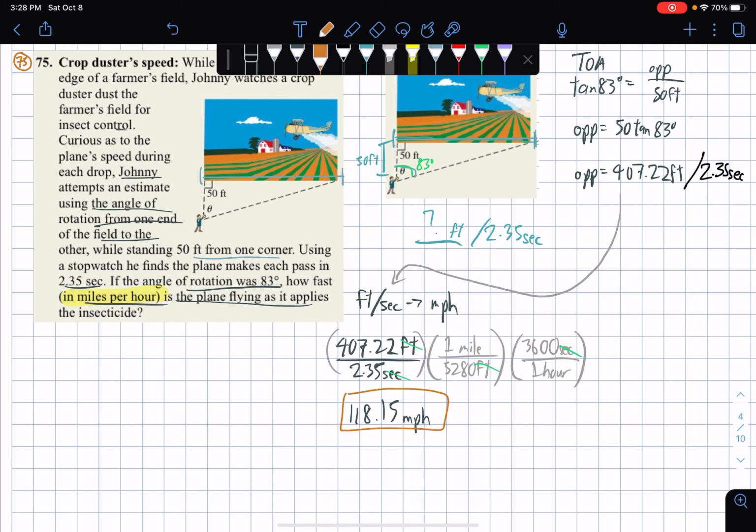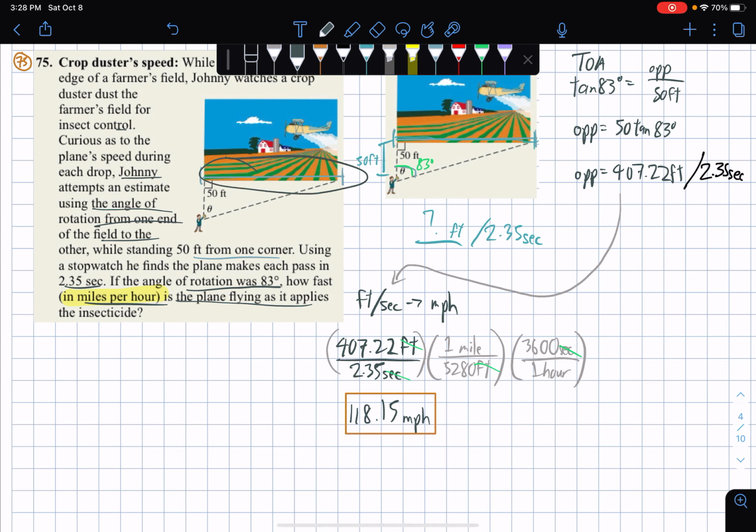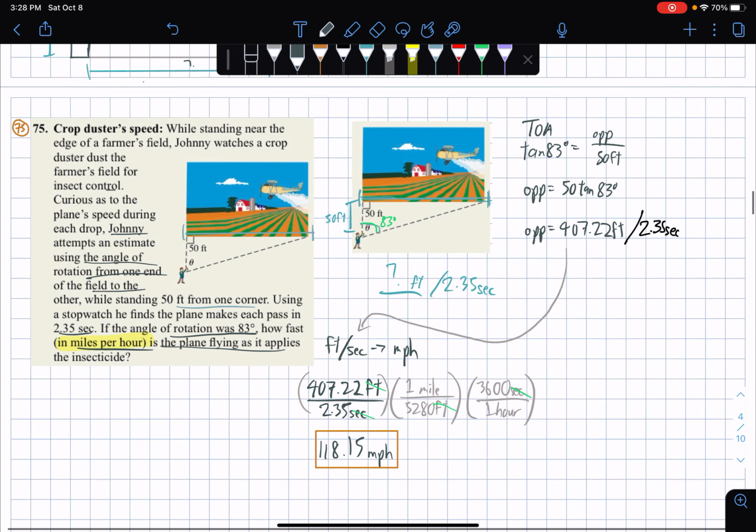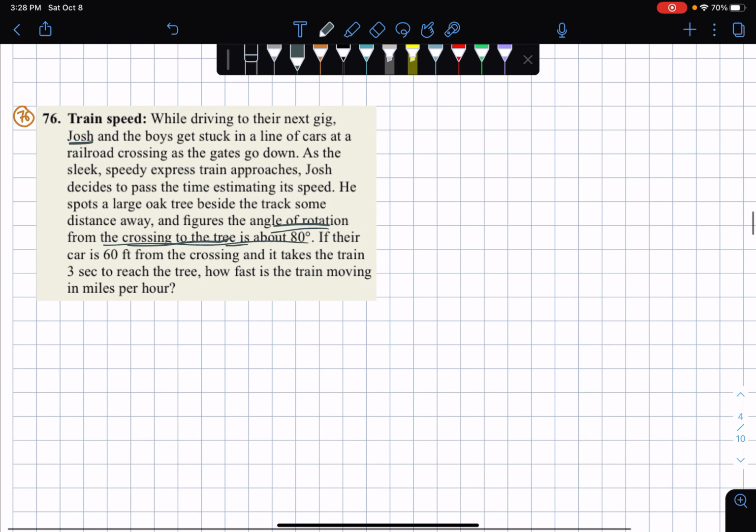This is the speed of the crop duster in miles per hour in its specific distance. Yeah, that's it for number 75. Let's move on to number 76. It has a similar concept, but of course the dilemma is pretty different.